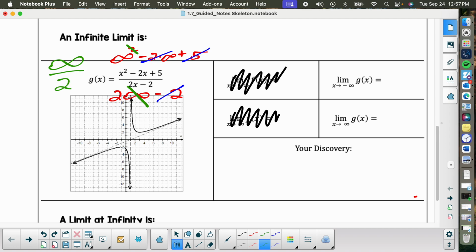Now, the divided by 2 would be remaining, but the divided by 2 doesn't change it out of infinity. It's like a plus 5. It's a lower degree infinity than a regular infinity.